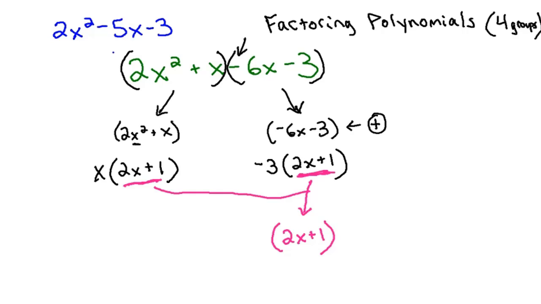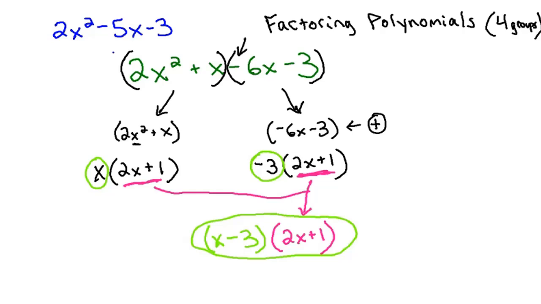And that leaves us with this x outside here and this negative 3 outside here. So we just put those in another set of parentheses right next to it. So the final answer is the quantity of x minus 3 times the quantity of 2x plus 1. And that's the final answer.